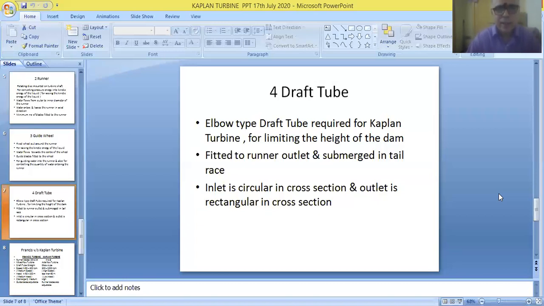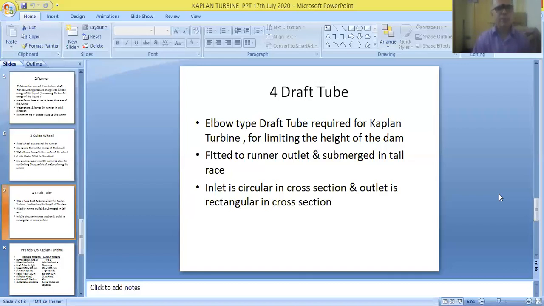And moreover, a straight draft tube is very much required for the Francis turbine, and an elbow draft tube is very, very essential for the KAPLAN turbine. So as a whole, the purpose of the draft tube is one and the same in both the cases: receiving water from the runner, raising the pressure of water, and discharging water into the tail race.